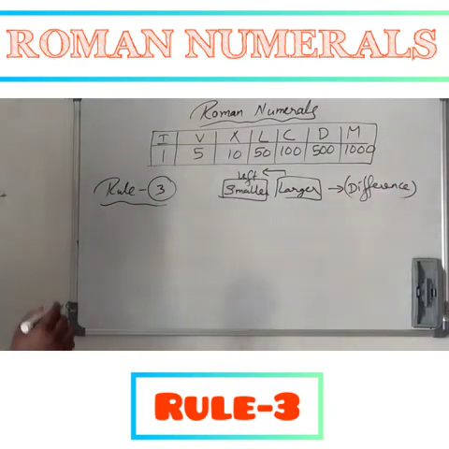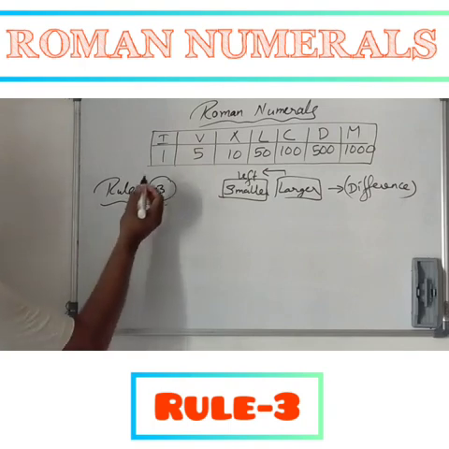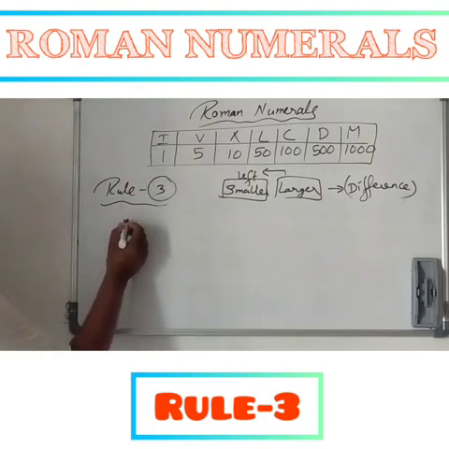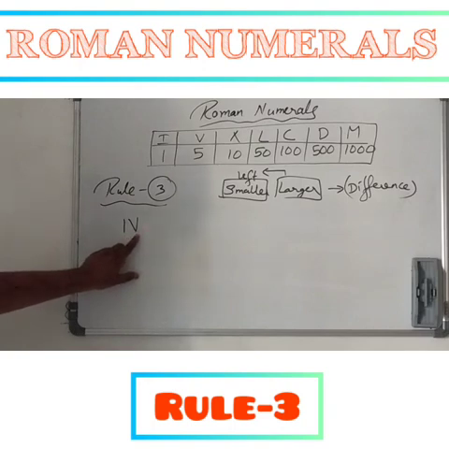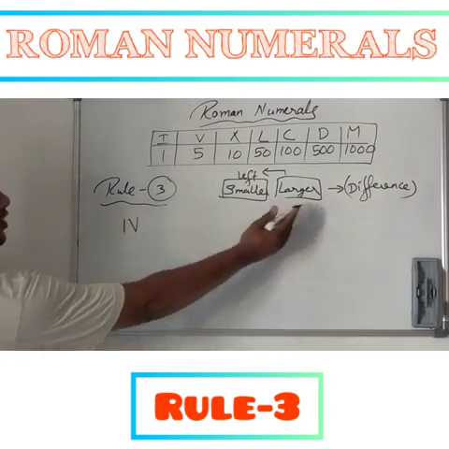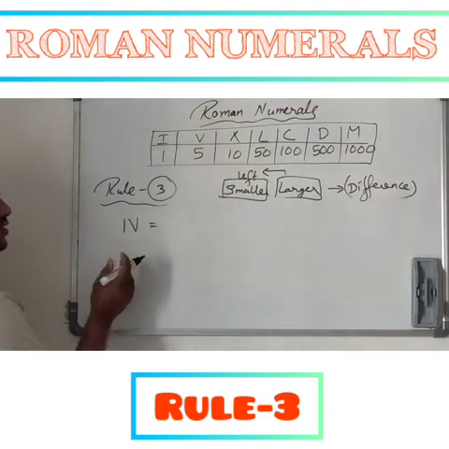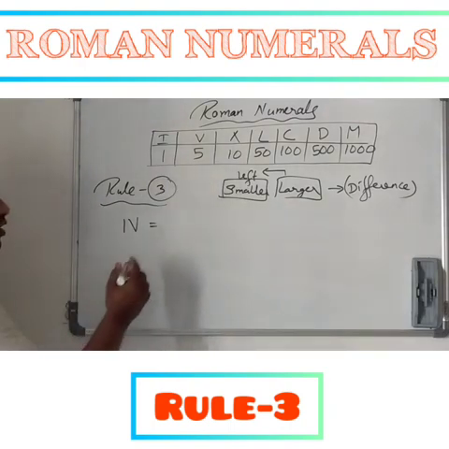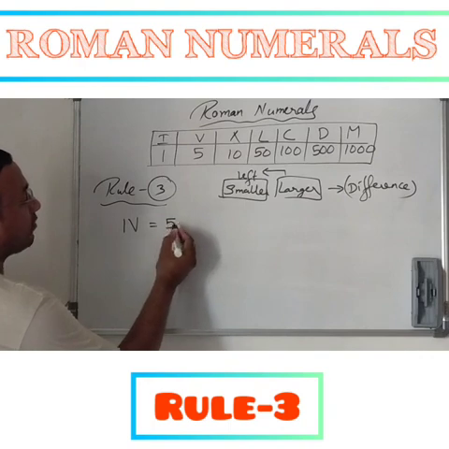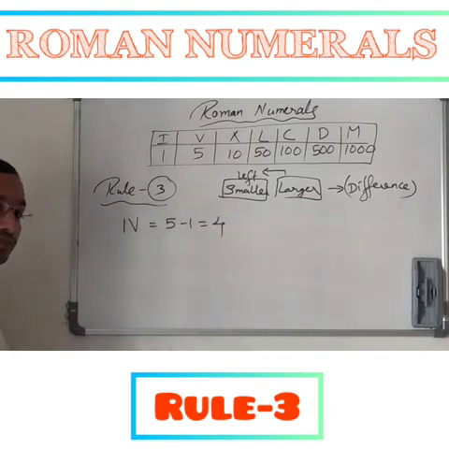Let us start with this. If I have IV, what is the difference we see? We have a larger Roman V, and to its left we have I, which is a smaller one. So we see the difference, that is, separate the smaller one from the bigger one. V is 5 minus 1, it's nothing but 4.